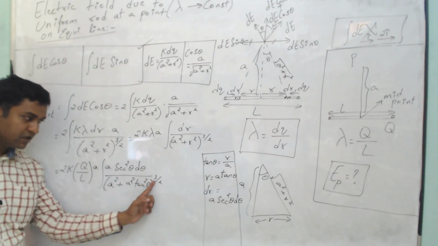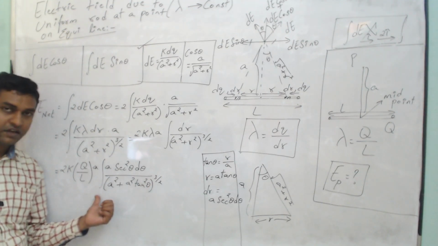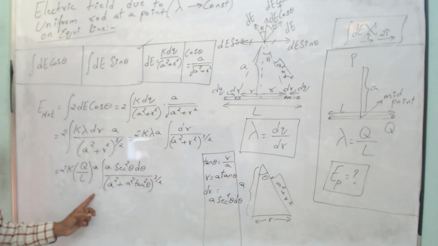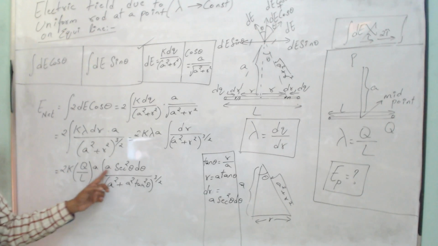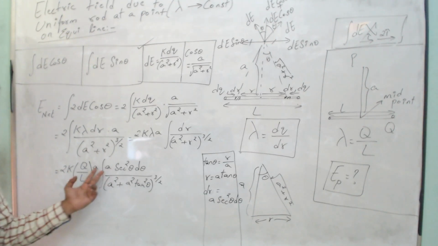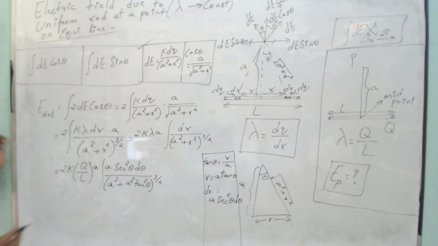It will become a cube, correct? Numerator, I have a square already. A square by a cube will be a in the denominator.